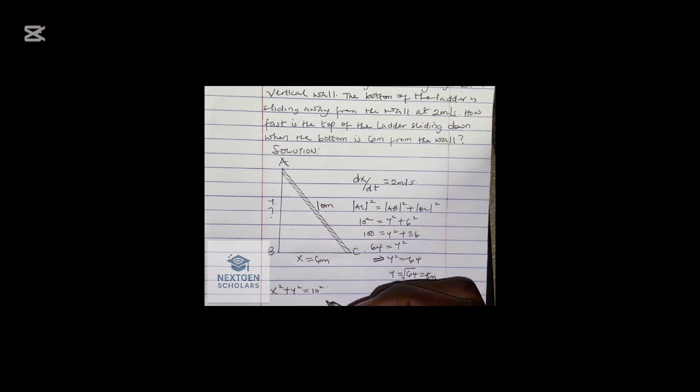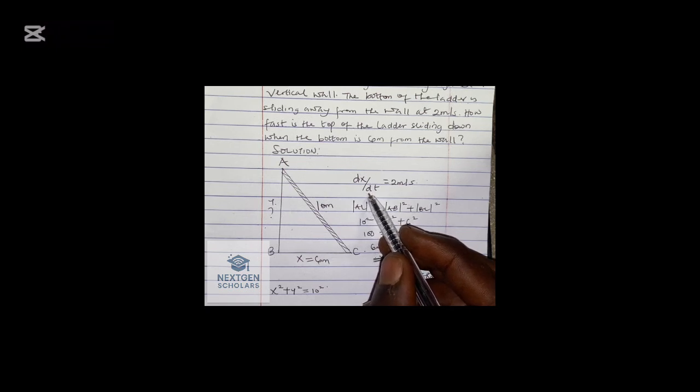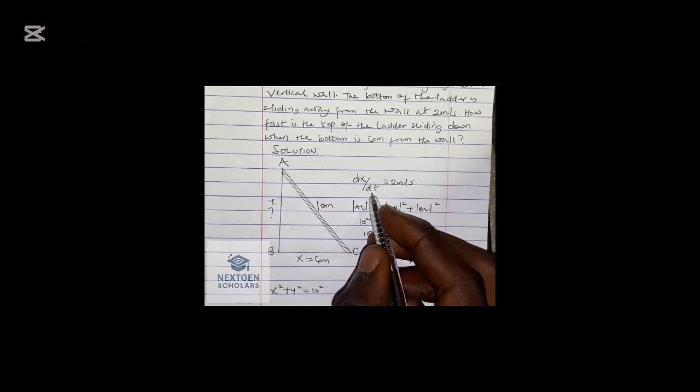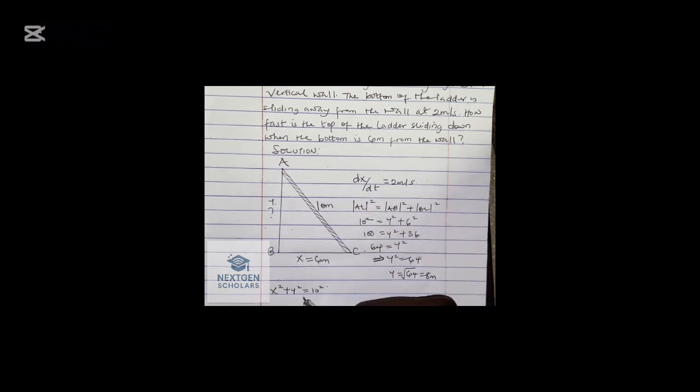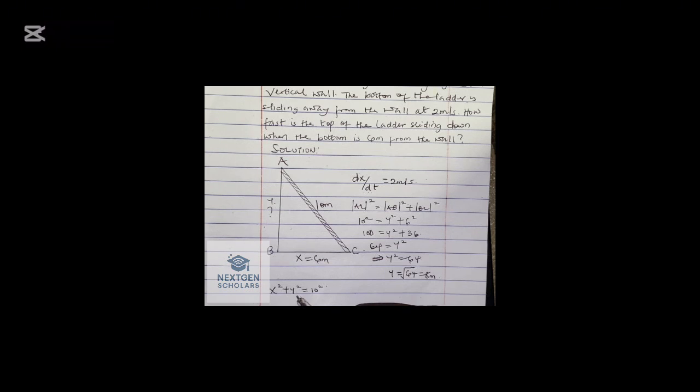What we have been asked to find is dy/dt, and we have dx/dt. So we differentiate all this with respect to t. It becomes 2x dx/dt plus 2y dy/dt is equal to 0.